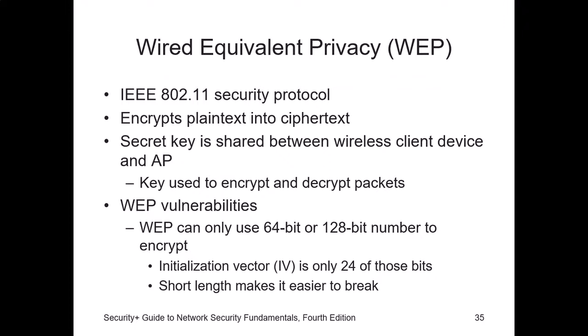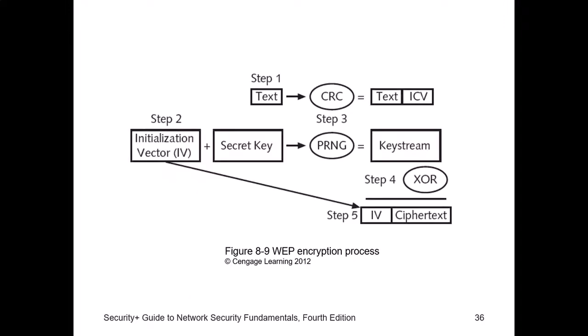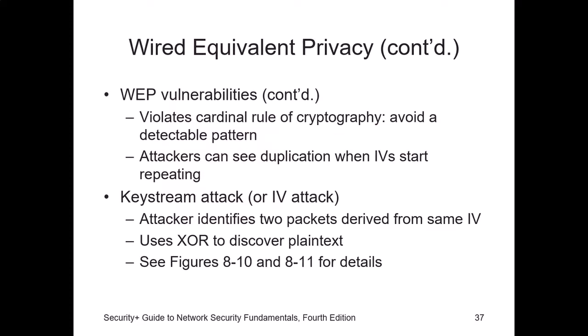The problem with WEP is they always use the same key to transmit, to receive, and to encrypt the data, the same key, and it turned out to be breakable. So WEP has a vulnerability because you're using the same key to authenticate the user and to encrypt all the data that's being transmitted. It was cracked within months when it came out.